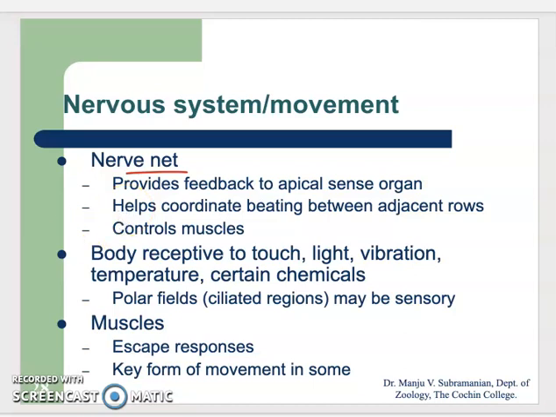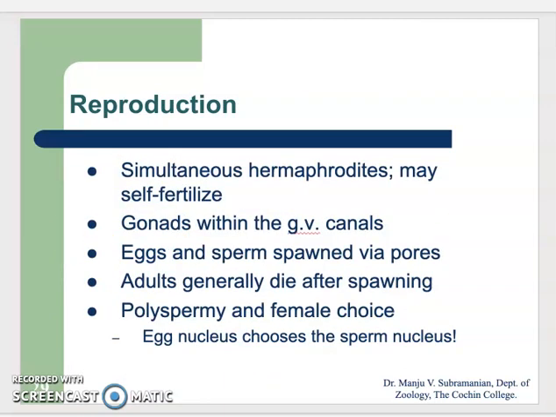Then the reproduction: as we have said, they are hermaphrodite and self-fertilized. The gonads are present. Adults generally die off after spawning, and polyspermy and female choice are also there, and the egg nucleus chooses a sperm nucleus.